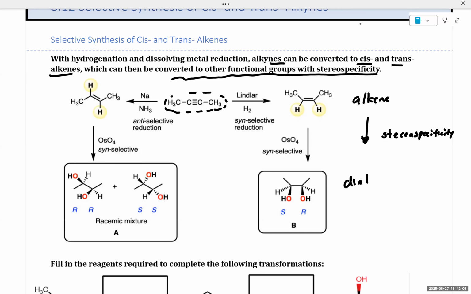So net, we can take an alkyne and make a diol with defined stereochemistry. This is incredibly powerful. And this is why we teach chapters 7 and 8 together, because you can combine these methods to take an alkyne and convert it to these highly complex structures in a defined and controlled manner.